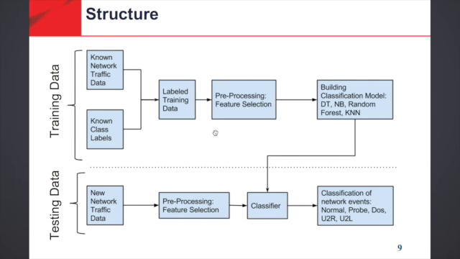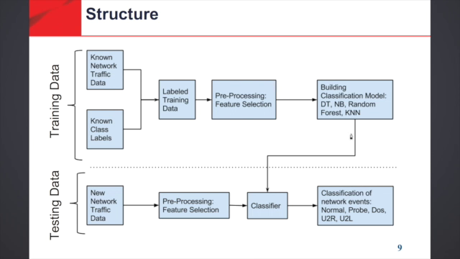Here is the structure of the big data analysis system. What we have is the training data. When we get the training data, we ask experts to label it. Then we get labeled training data. Using feature selection and other pre-processing methods, we can build our classification model using decision tree, naive Bayes, random forest, or k-nearest neighbor.